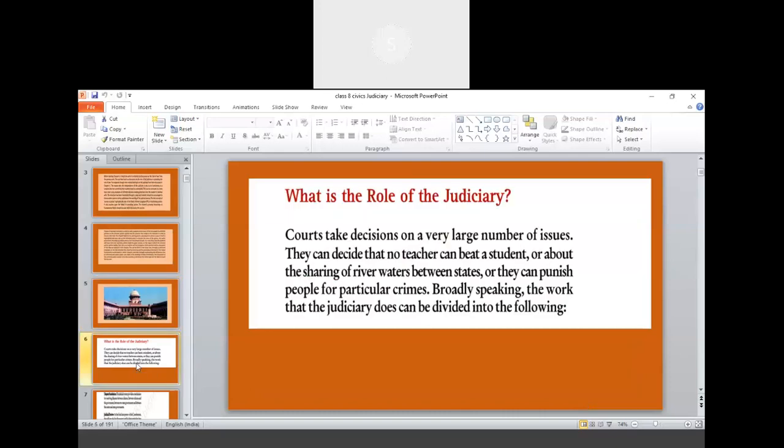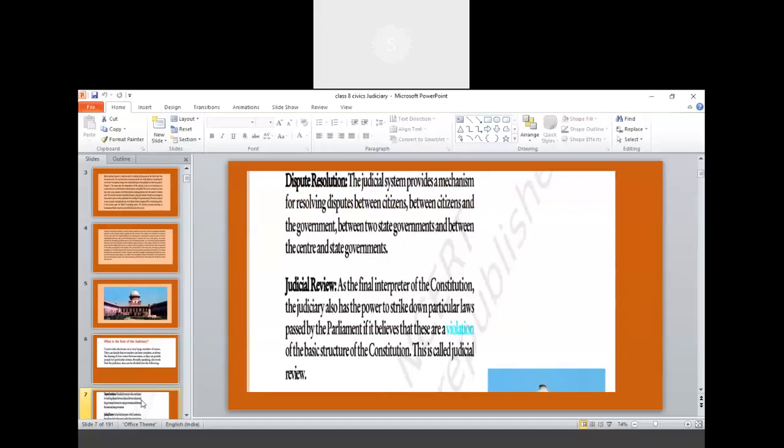So let us understand what is the role of the judicial system in India. This includes 3 major functions. One is dispute resolution, second is judicial review. Now, what is dispute resolution?